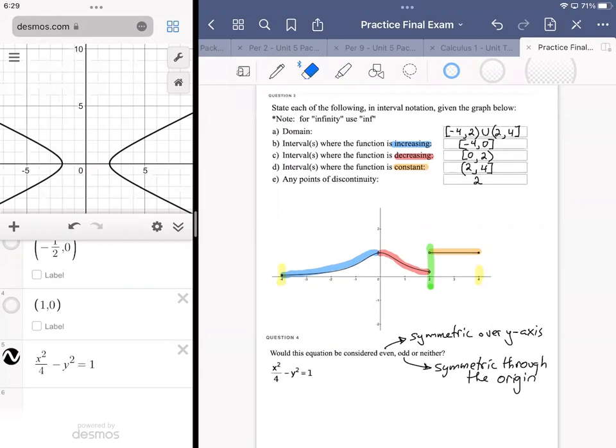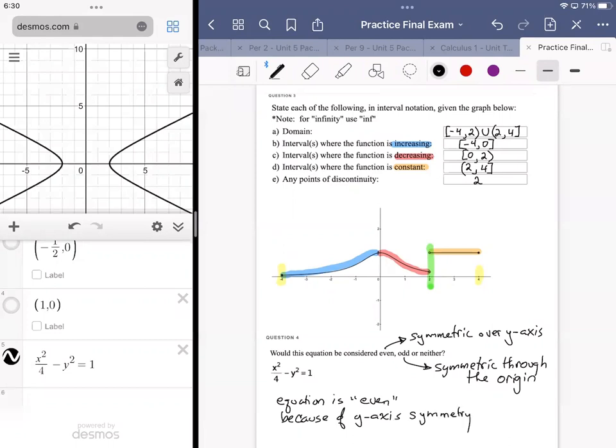So this is even, this is y-axis symmetry. So it's even because it has y-axis symmetry.